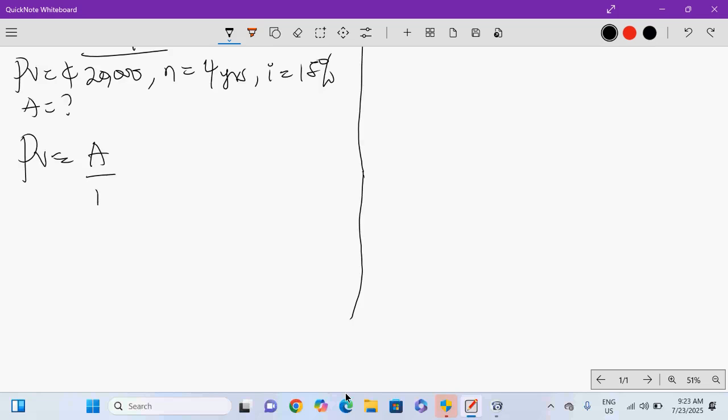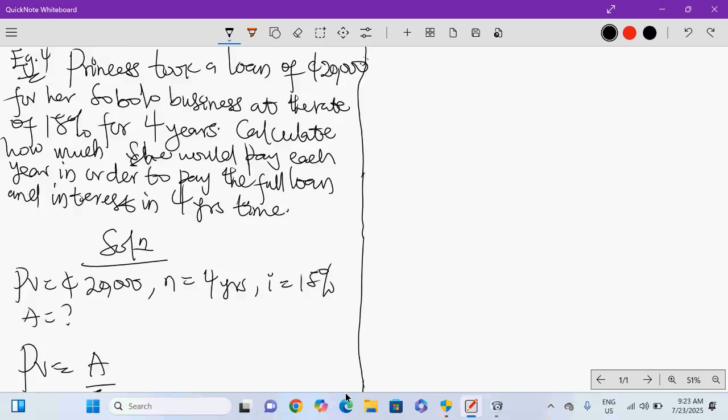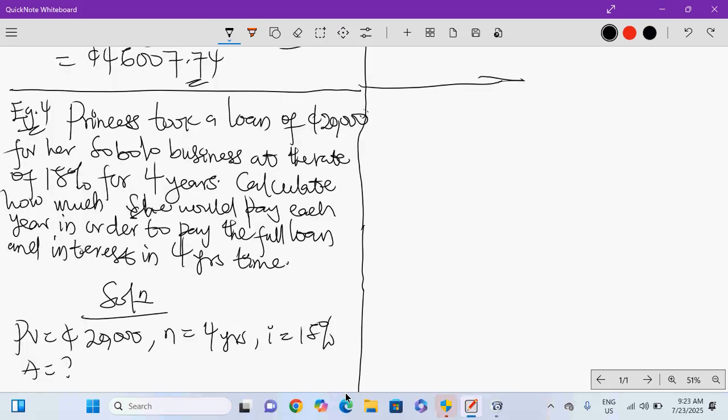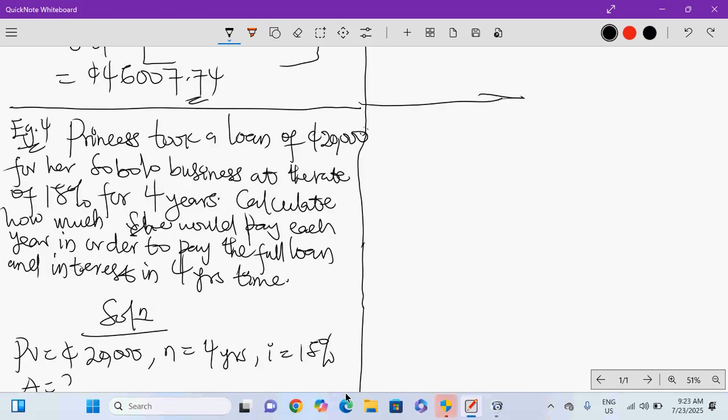So now, let's use our present value. Present value is equal to A over I. And the next question is whether it is a multiple compounding. Is it a multiple compounding?